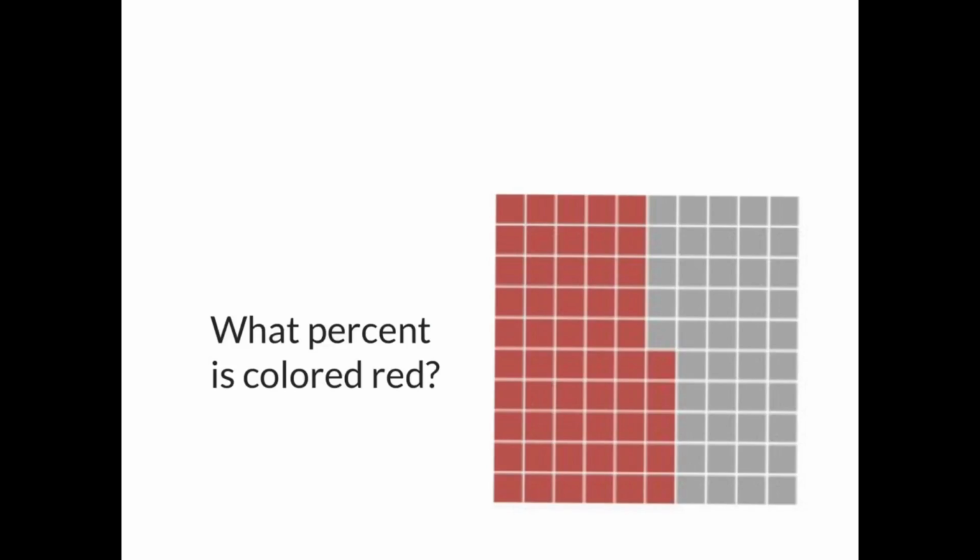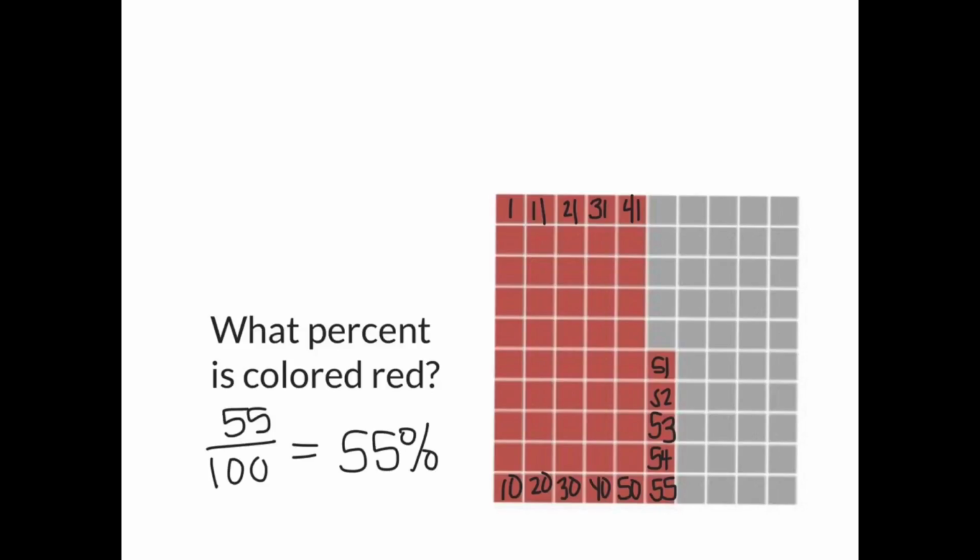Take a look at this 100 block square. What percent is colored red? 55 out of 100 of the blocks are colored red, which can be represented as 55%.